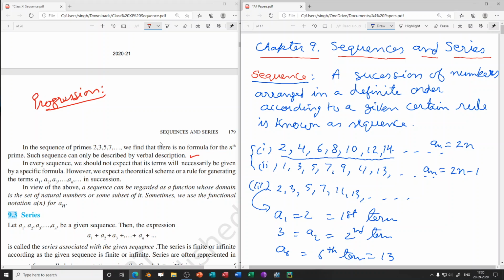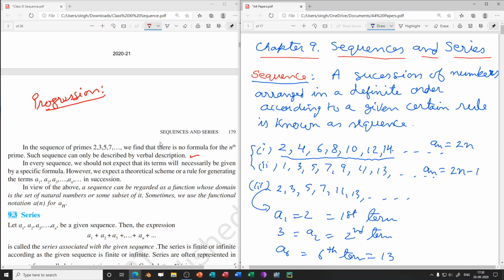What is the rule? We have to write only those numbers which have only two factors, that is 1 and the number itself. So the rule is there, that is how to write the elements, but there is no formula by which we can give the rule for writing the nth term of the sequence.